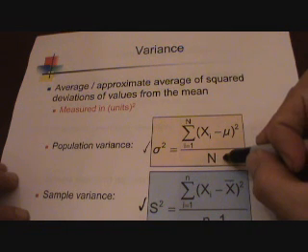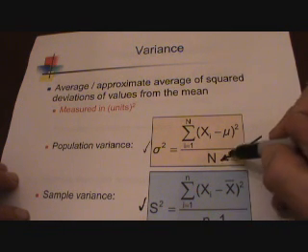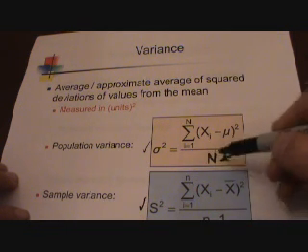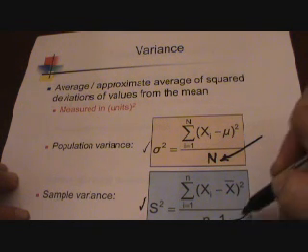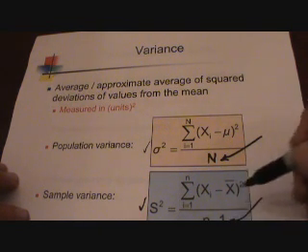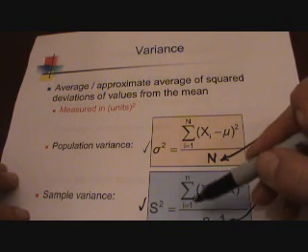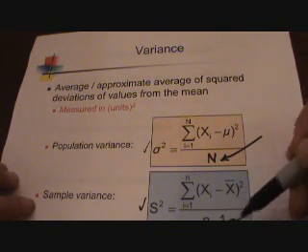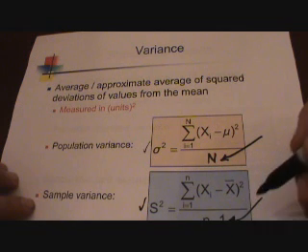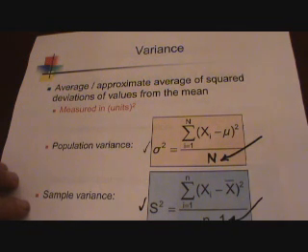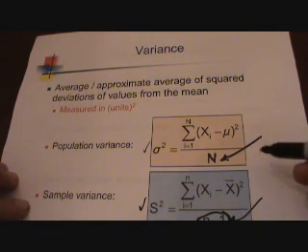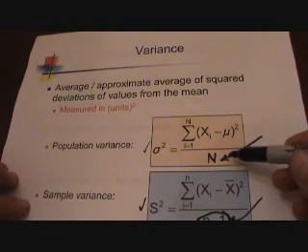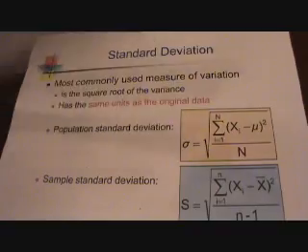Notice as well, for our population variance, we include every item in that population, and for the sample we go with n minus 1. So if we have 10 data points, then that sample variance is going to be divided by 9. We'll cover that a little bit later, not in today's talk, where exactly that n minus 1 comes from as opposed to the total number in the population.